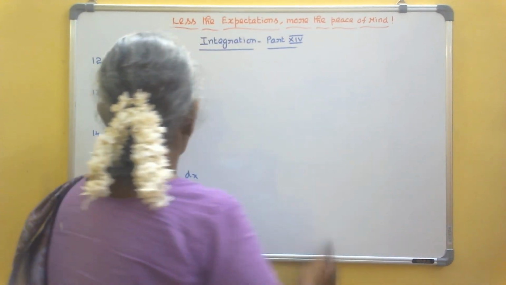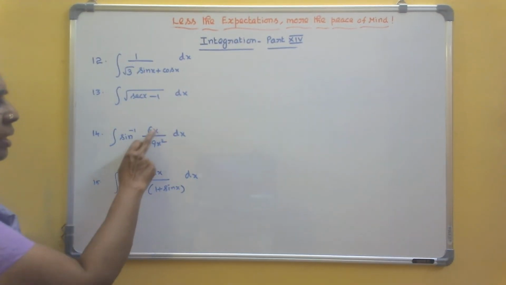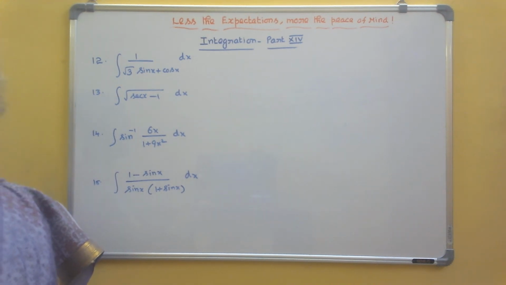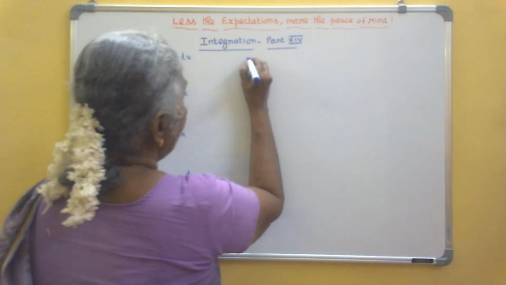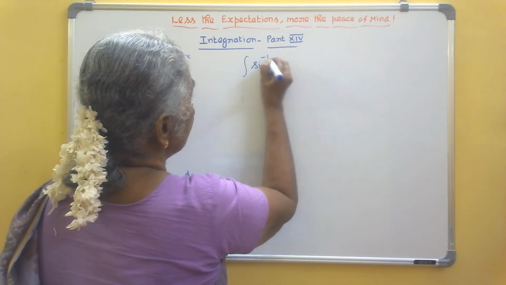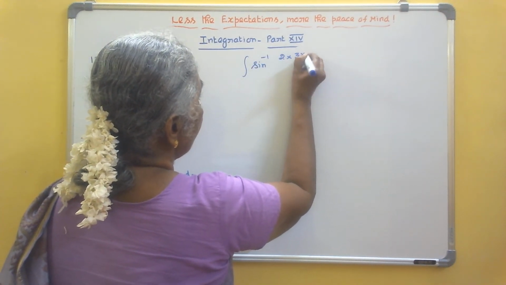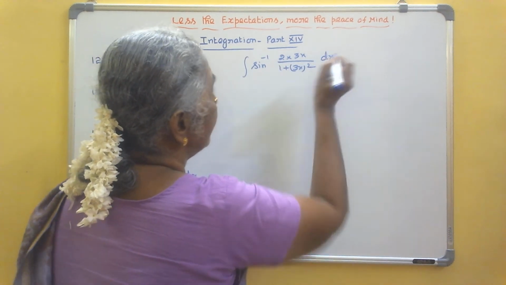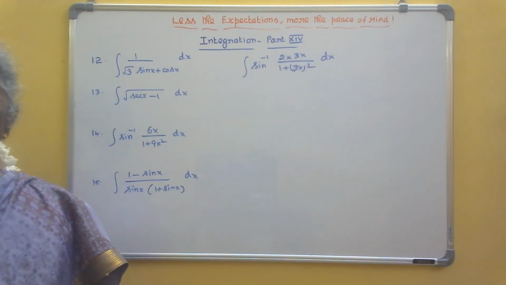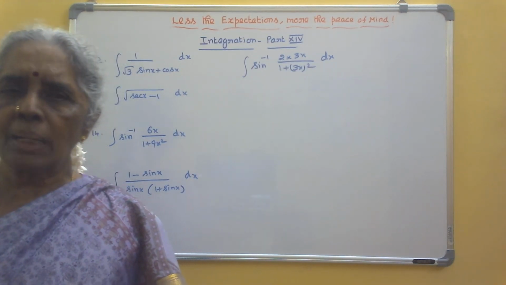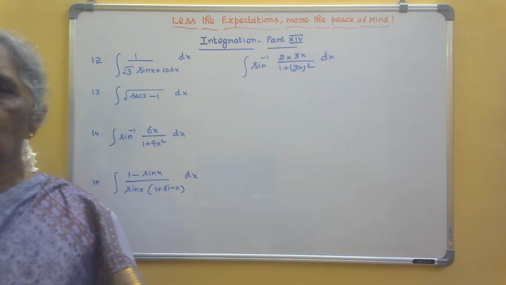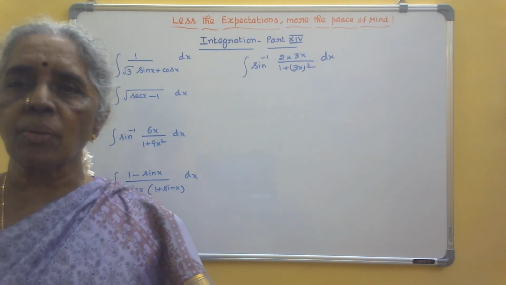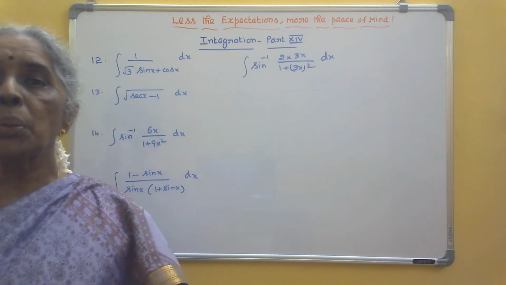That is integral sin inverse 6x by 1 plus 9x squared dx. I can write that as sin inverse 2 into 3x by 1 plus 3x the whole squared dx. Does it look like 2 tan theta by 1 plus tan squared theta? You know sin inverse of 2 tan theta by 1 plus tan squared theta is sin 2 theta, isn't it?